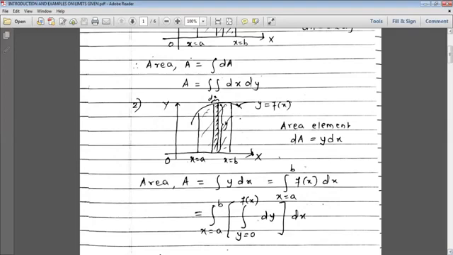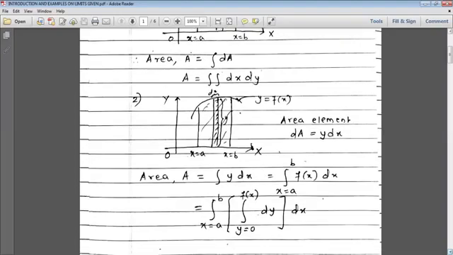So the total area A will be equal to the integral from x equal to a to b of y dx. Or in other words, it will be the integral from x equal to a to b of f of x dx. Now the f of x can be replaced by the integral dy, y is equal to 0 to f of x. Thus you can see that the double integral represents the area under the curve.